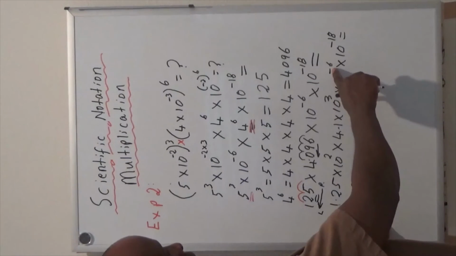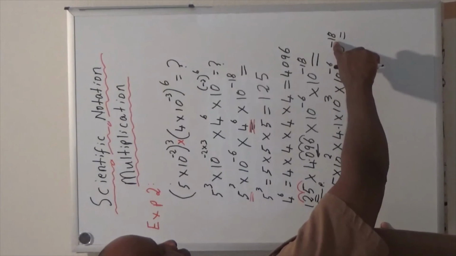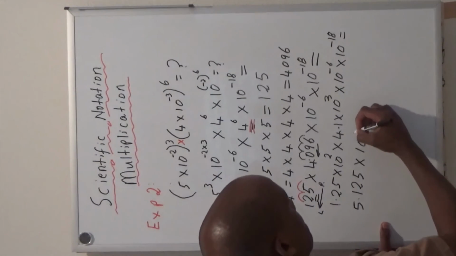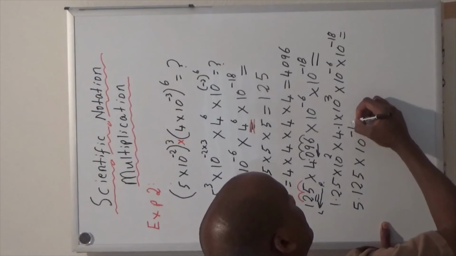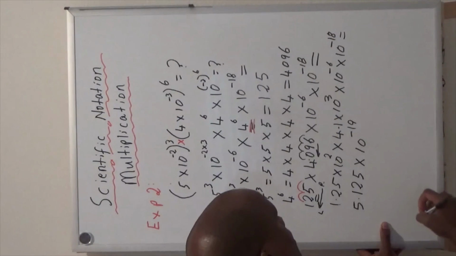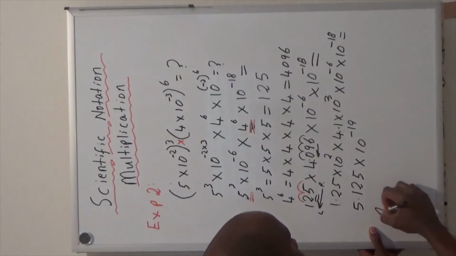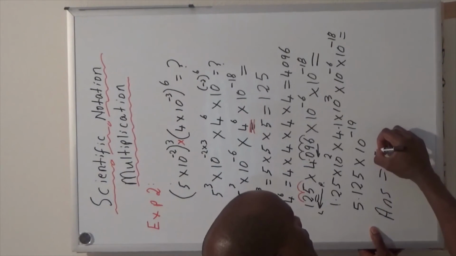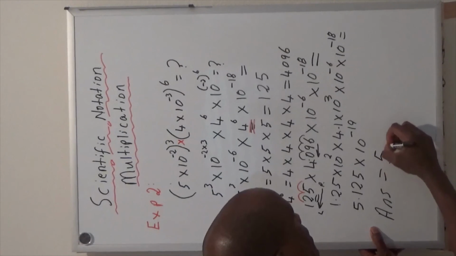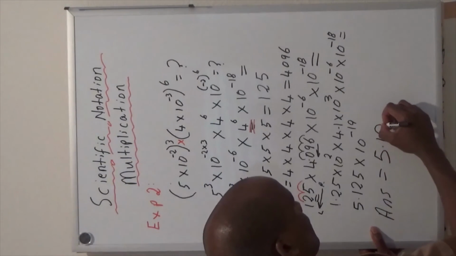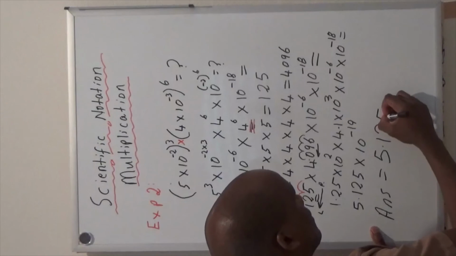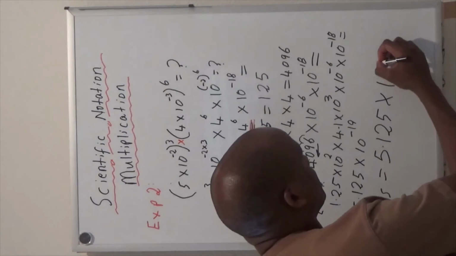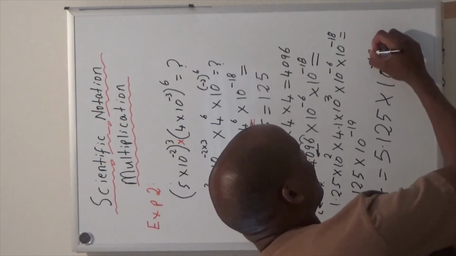Therefore minus 1 plus minus 18 is minus 19. So your answer should be A S equals 5.125 times 10 to the power of minus 19.